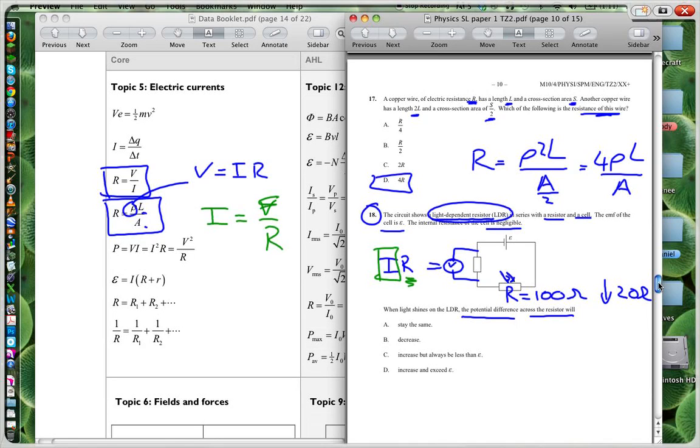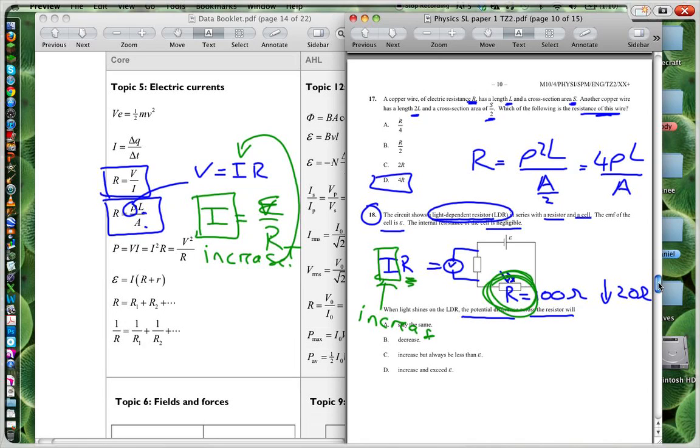So that would actually be your EMF there, the EMF of the cell, and the R total. And because this resistance over here has decreased, because that's gone down, this I is going to actually increase. So because that increases, the potential difference across this resistor will increase.